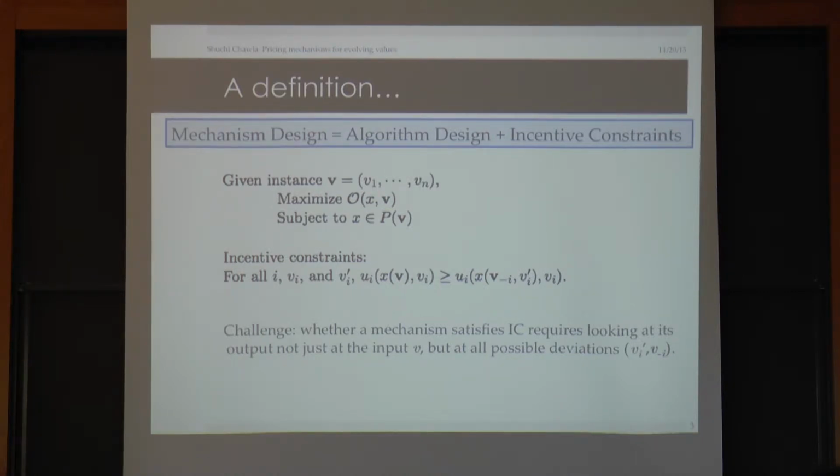Okay, and so the size of the problem blows up, but we still want to be able to solve it in time polynomial in the size of a single instance. Okay, so that's one manner in which mechanism design immediately becomes a little more challenging than what a standard algorithm for the same objective might look like. Okay.